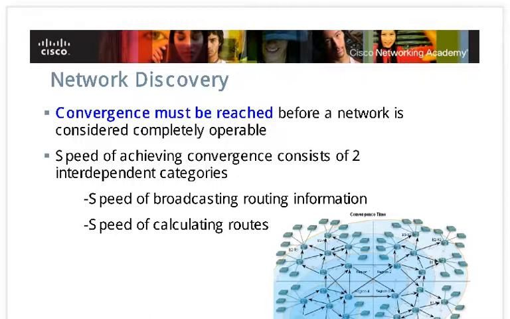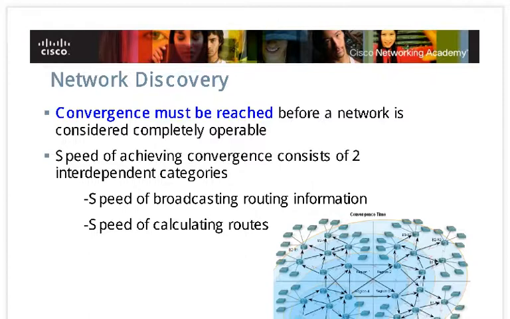The speed of convergence consists of two independent categories, two things. The speed of broadcasting the route information, how frequent I exchange the route information, and the speed of calculating the routes.